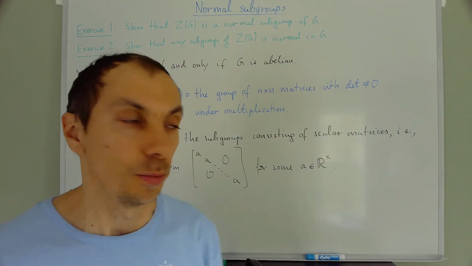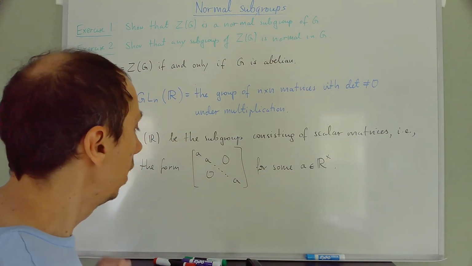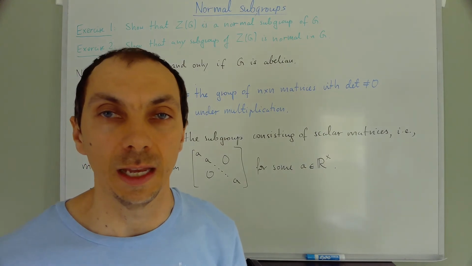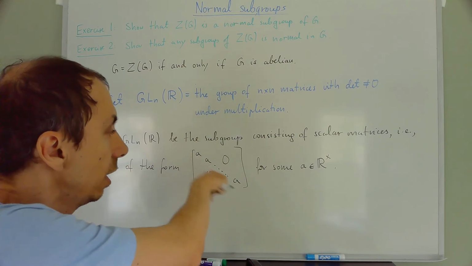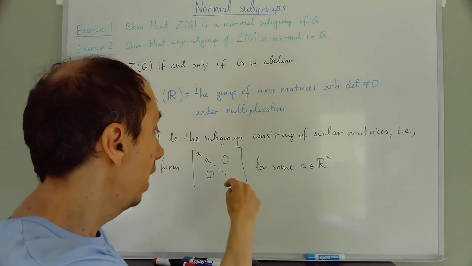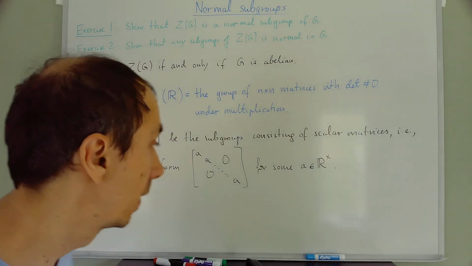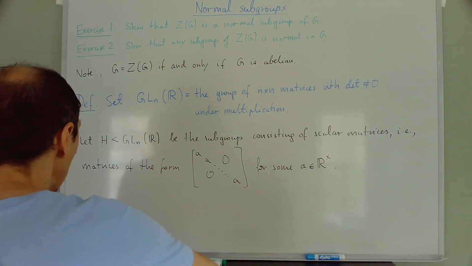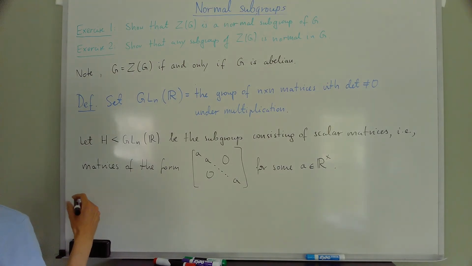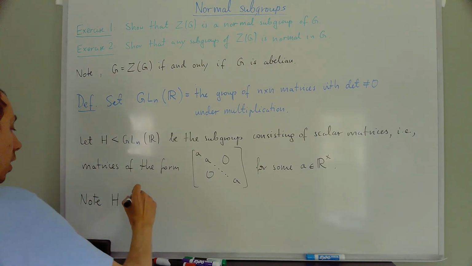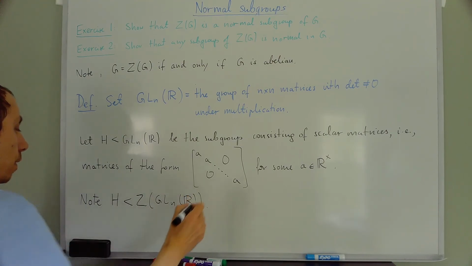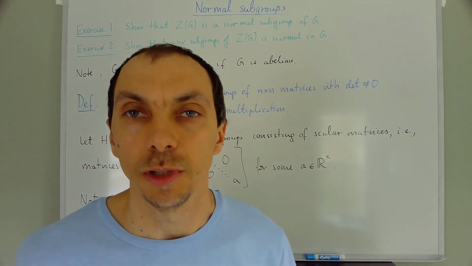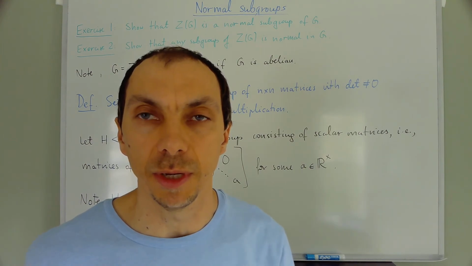This is clearly a subgroup because if I take two matrices of that form, I get a matrix that also looks like that. The identity matrix is like this, and the inverse to every such element is an element which has the inverses of A down the diagonal. So I claim, note, H is actually contained inside the center. That means scalar matrices commute with any matrix.